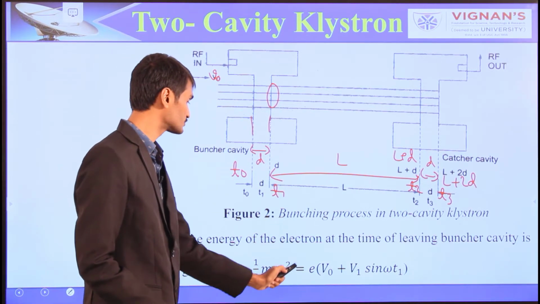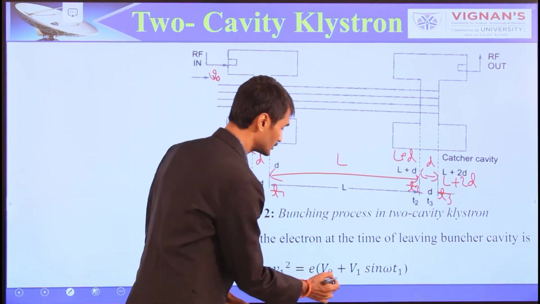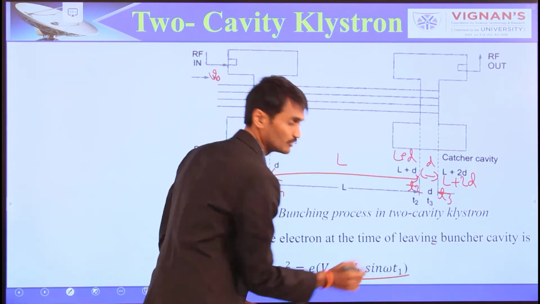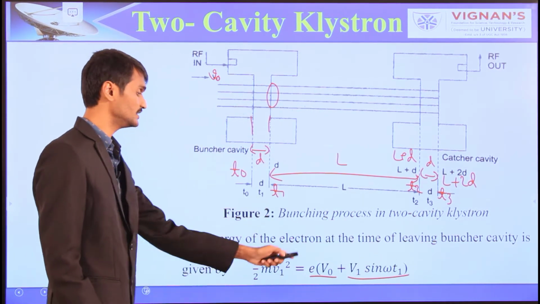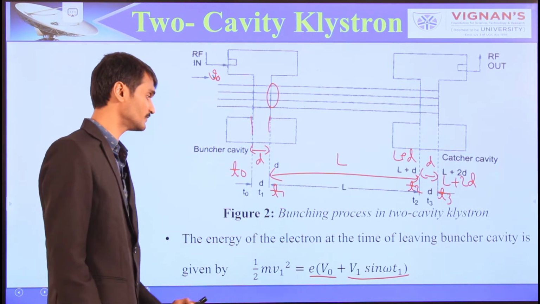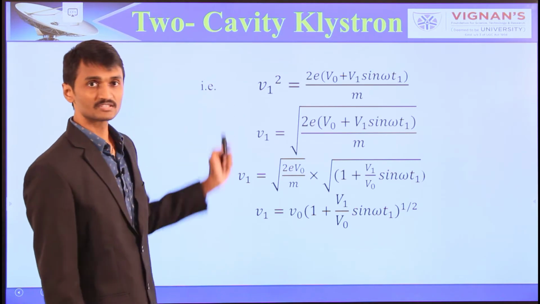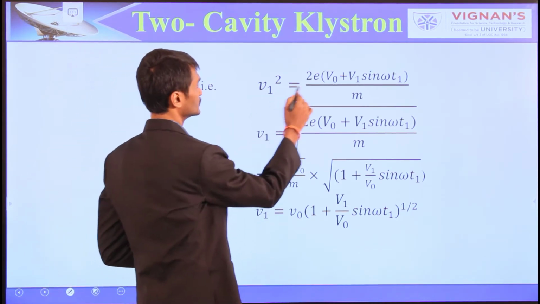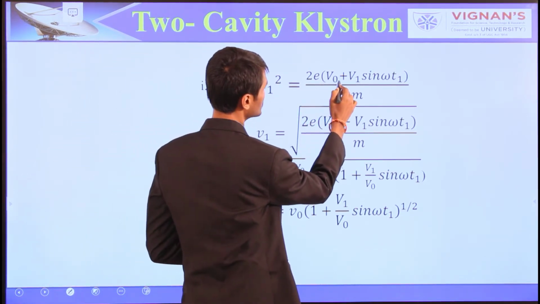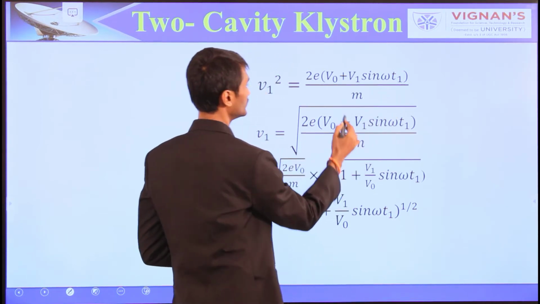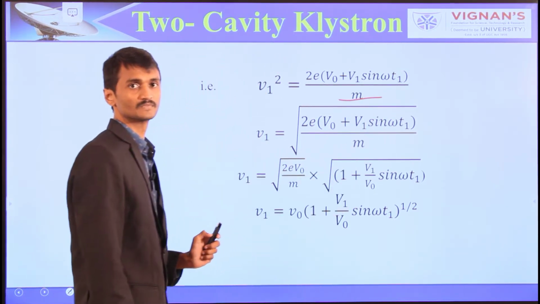So half m v1 square is equal to eV0 plus eV1 sin omega t1. Here e is common, so e into V0 plus V1 sin omega t1. So from this, v1 square is equal to 2e into V0 plus V1 sin omega t1 by m.